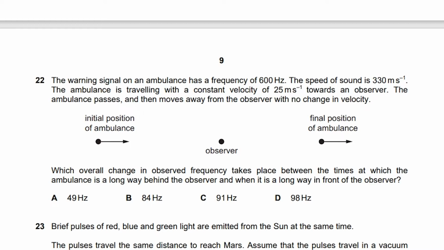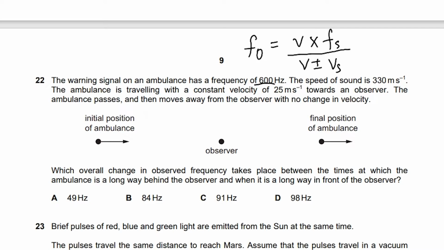There is a formula for the Doppler effect for the observed frequency, which I am writing as f_o, and the formula is the speed of sound, which is 330 meters per second, multiplied by the frequency of the warning signal of the ambulance, which is 600 Hertz, the frequency of the source, upon the speed of sound, which is 330 again, plus or minus the velocity of the moving source, which in this case is the ambulance. So the velocity of the ambulance, I am writing, let's say, v_s. Okay, so this is the formula.